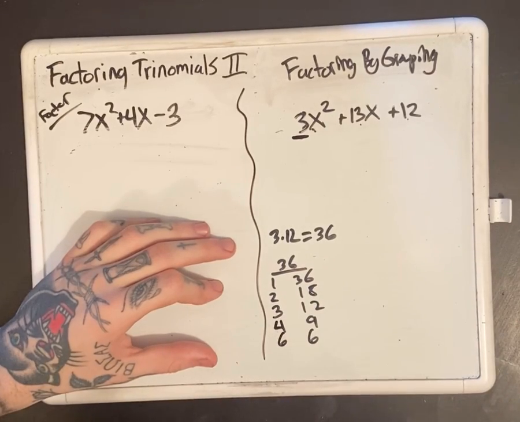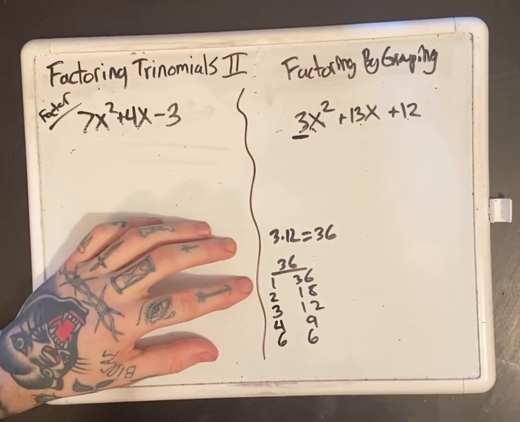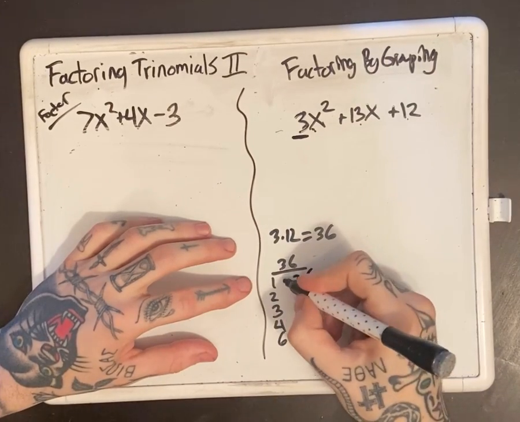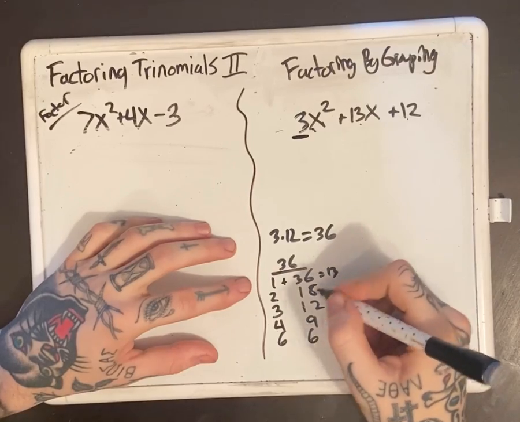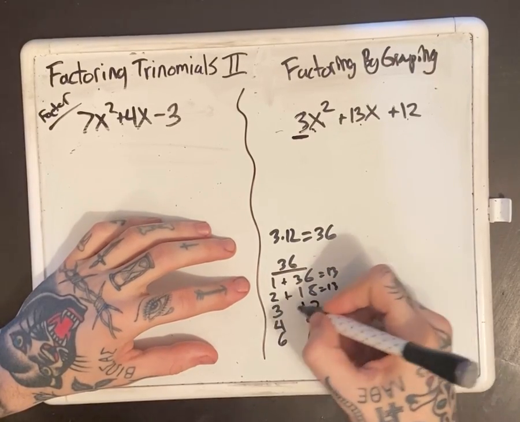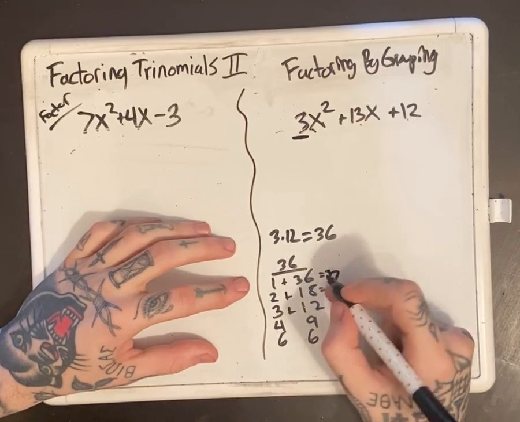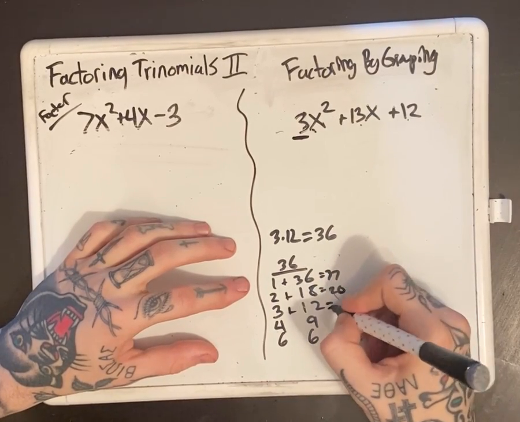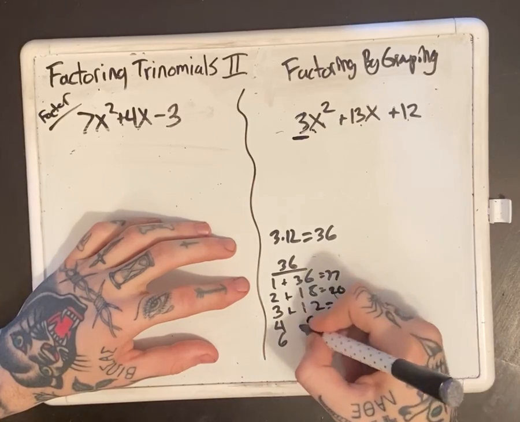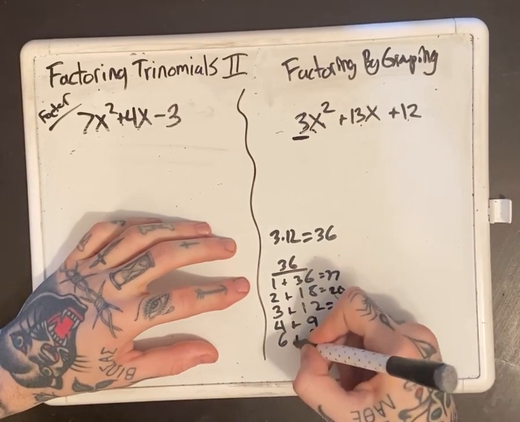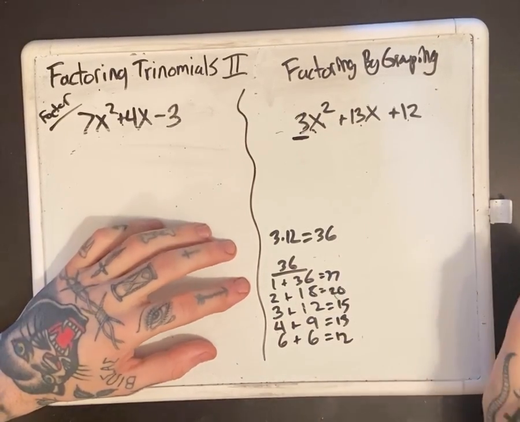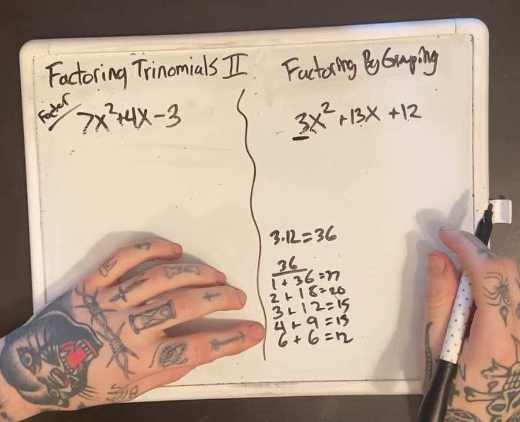Now that we've factored this, we have to see which one adds to 13. This equals 37, this equals 20, this equals 15, this equals 13, and this equals 12. So we're looking for 4 and 9 here.